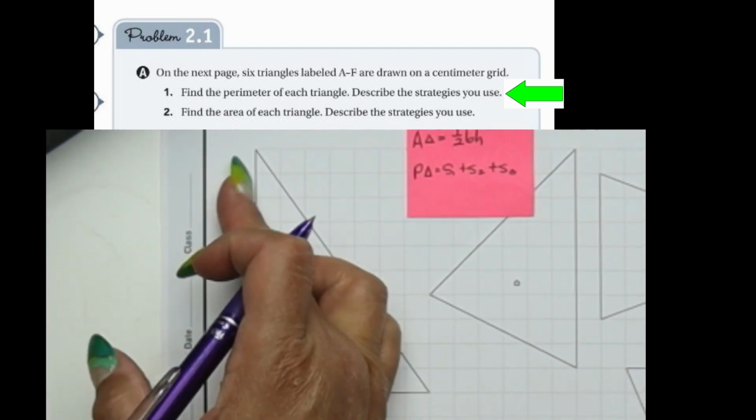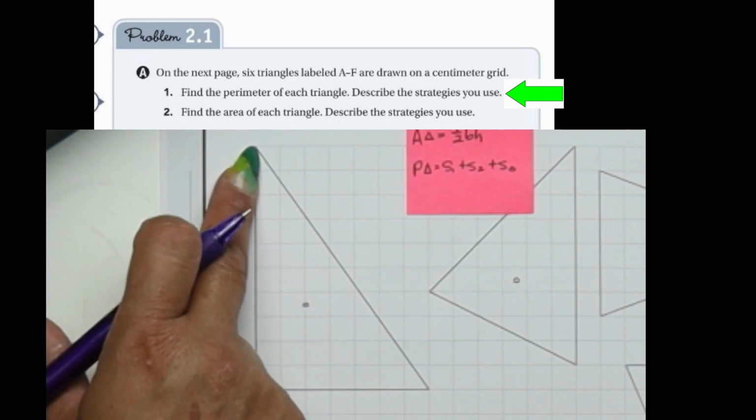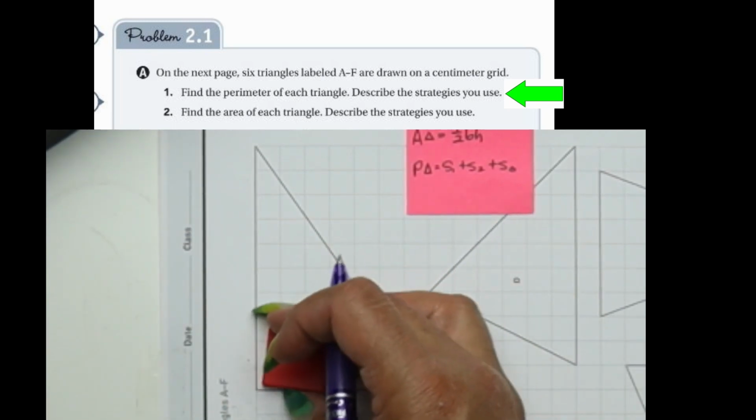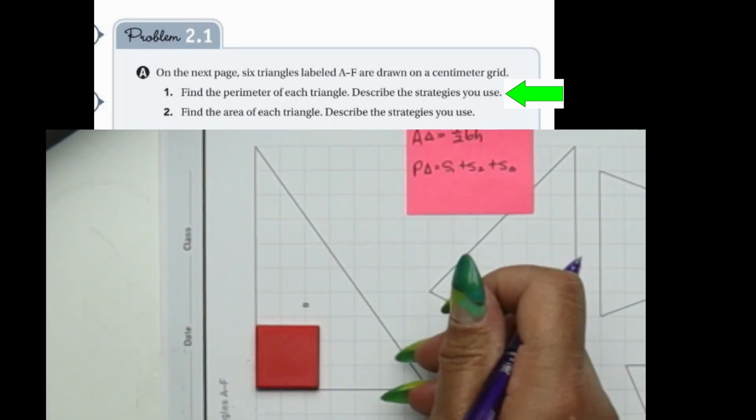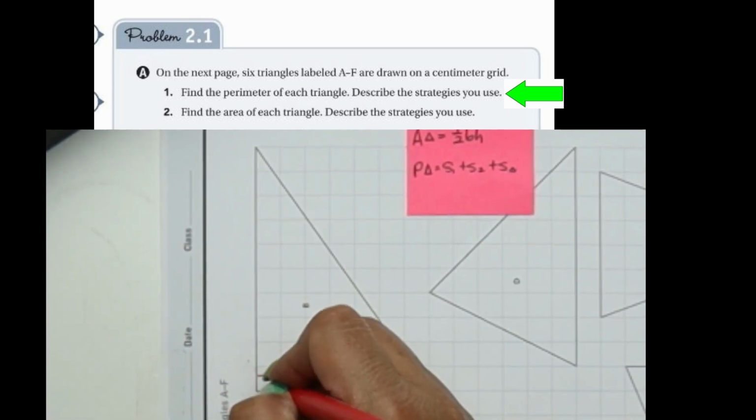And then this is the height, because the base is below a vertex with a line drawn straight down to form a 90-degree angle. So these two lines are perpendicular lines, and this is a right angle. I can check that because I get a perfect square, and there it is, a right angle. So I'm going to put a little red square to tell me that that's a right angle.